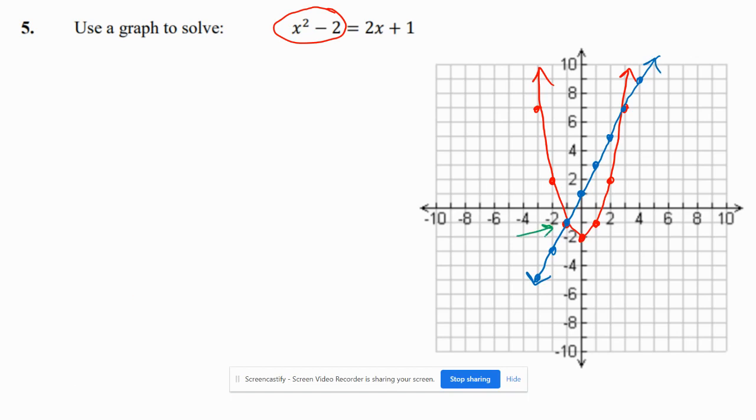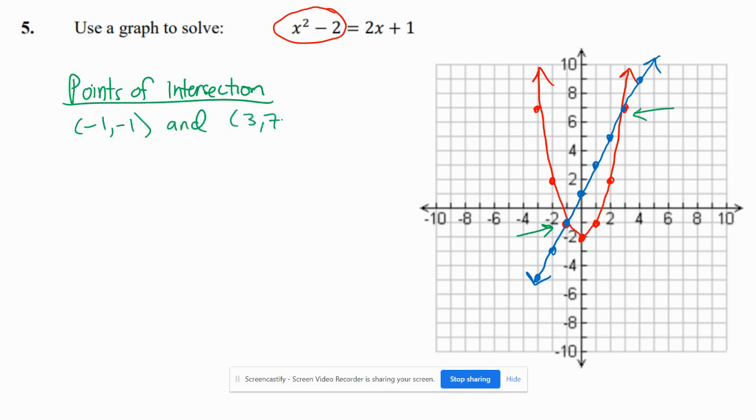So we're going to be interested in that point right there and in this point right there. So points of intersection. The one on the left will be (-1, -1). And the one on the right will be (3, 7).